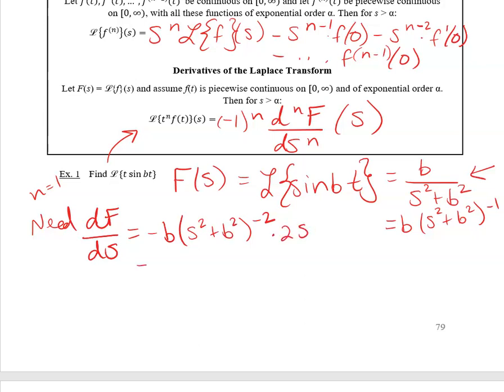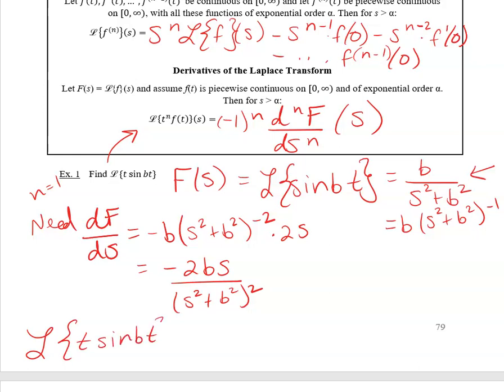So that gives me negative 2bs over, I'm going to get rid of that negative exponent, (s squared plus b squared) squared.